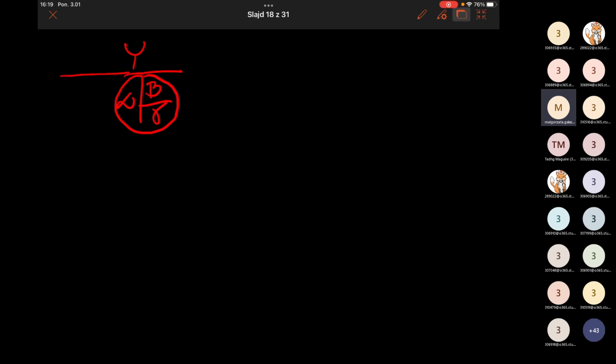During resting condition, the alpha subunit is connected to the G... no, let me think. Sorry, I have a blackout right now. To the GTP or GDP molecule.